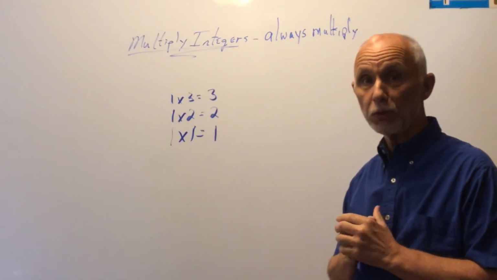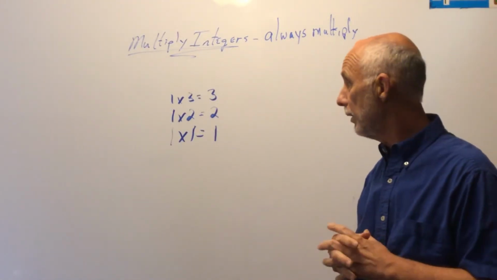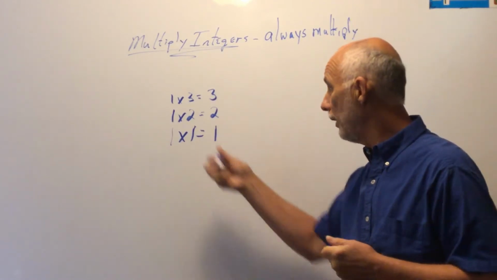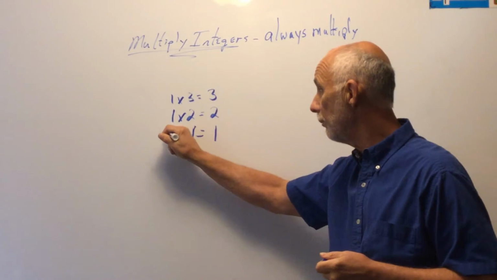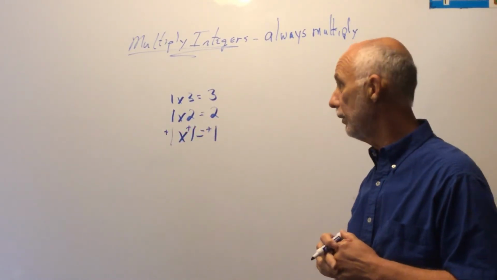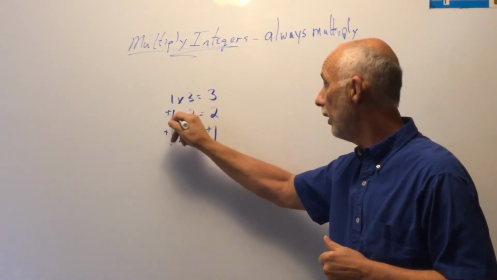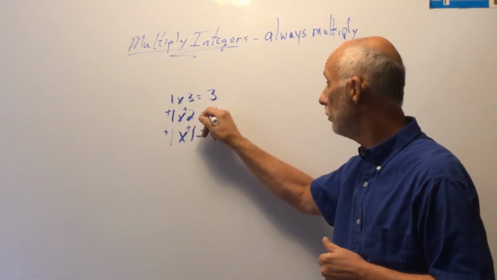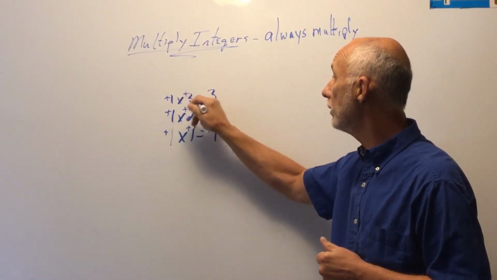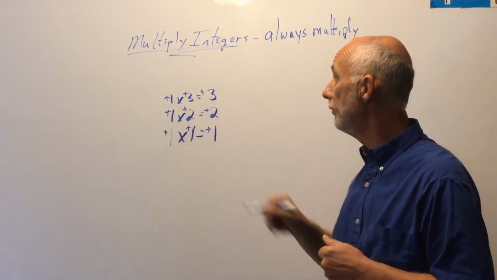By the way, the first rule is up here right now, because isn't it true that no sign means positive? So 1 times 1 equals 1 really says a positive 1 times a positive 1 equals a positive 1. And a positive 1 times a positive 2 equals a positive 2. And a positive 1 times a positive 3 equals a positive 3.